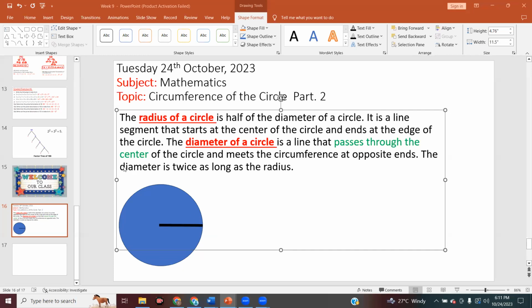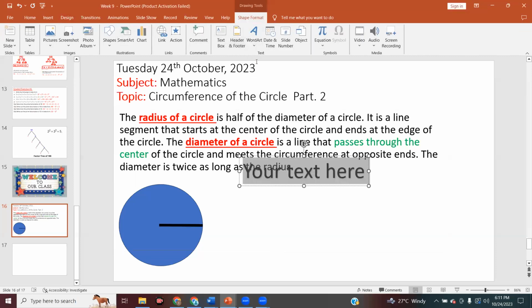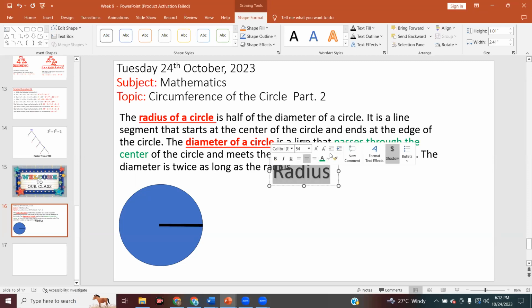So it's just the radius. So we're going to put radius for this line right there. Radius is spelled RADIUS. That's the radius of the circle.